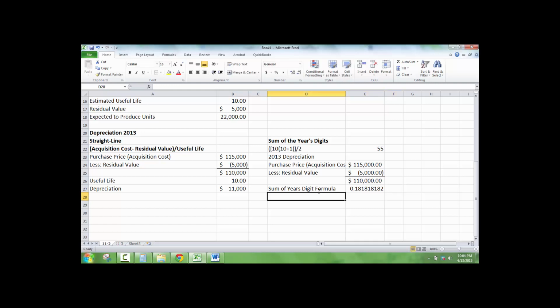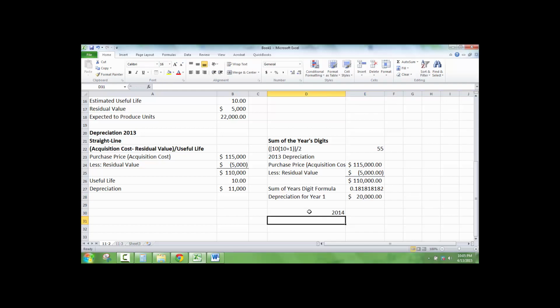This is our formula. Depreciation for year 1 equals this times this. Or $20,000.